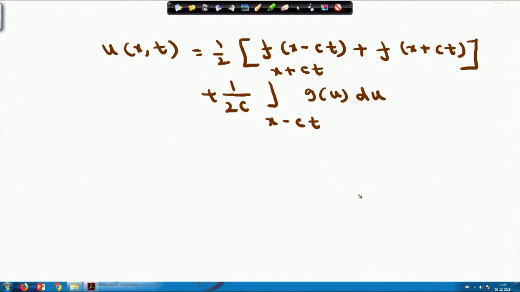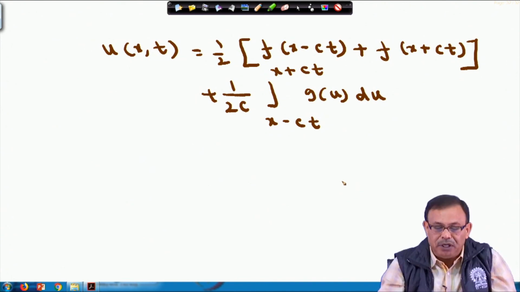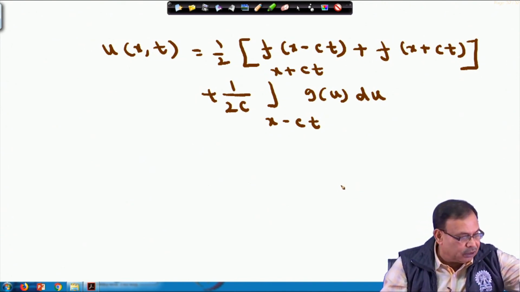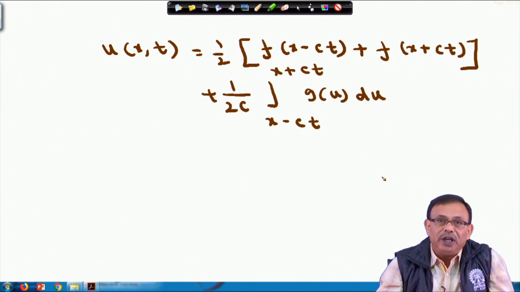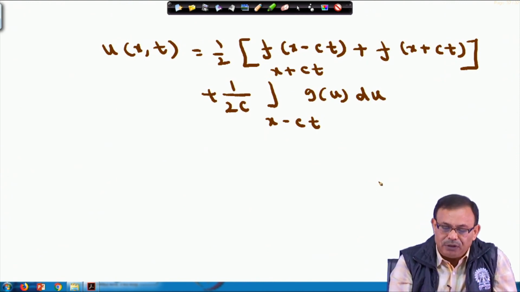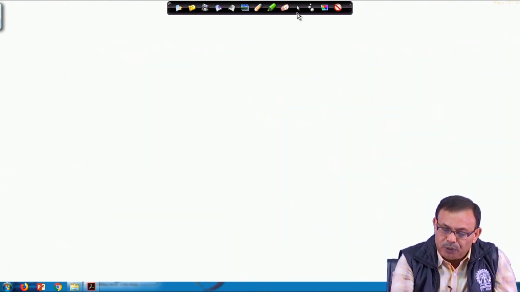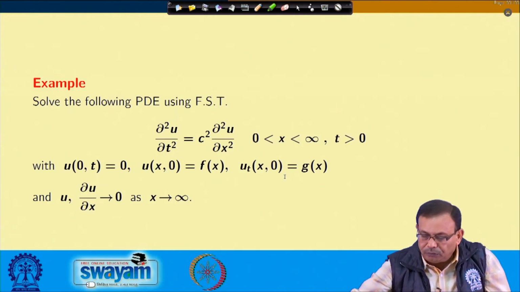So, you see the advantage here, ultimately we are bringing it into a process where we can represent it as a function of f and g. So, if I know f and g, I can tell what is the exact value of u(x,t). Let us see quickly this problem.